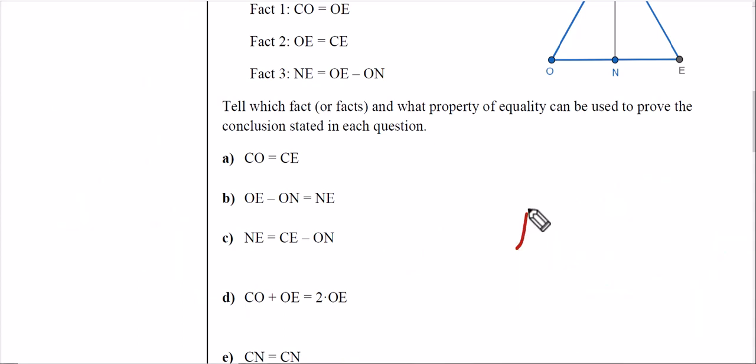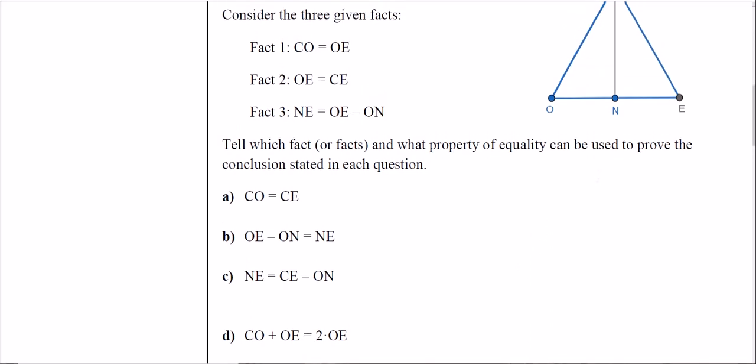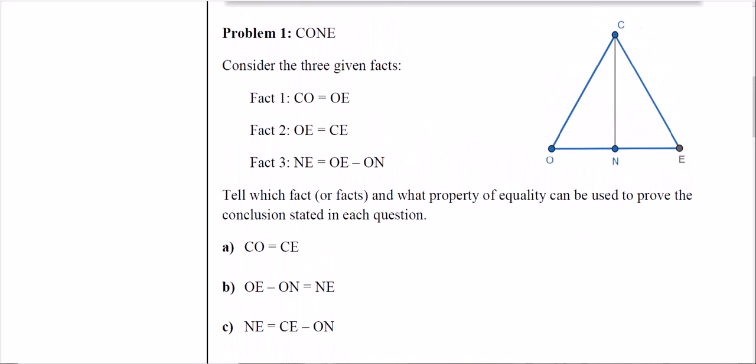Finally, part E, CN equals CN. Well, that's interesting, right? It's actually not any of the facts. It's based on the drawing. So we look at this right here, and I gave you that hint earlier about the reflexive property. That's usually going to be useful when I see triangles in a drawing. So let's show you what this looks like.